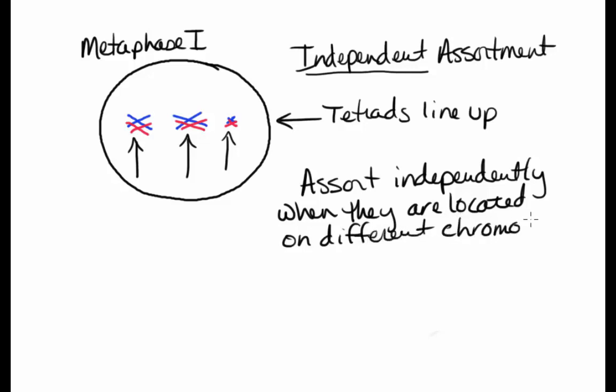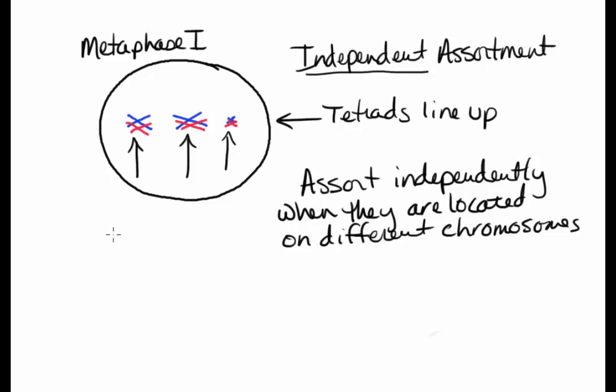However, that's not always going to be the case. When we think about a particular chromosome, on a single chromosome, there can be literally hundreds or close to 1,000 or more genes that are located there. So if we're just talking about two random genes that we select, it's very possible they're on the same chromosome.